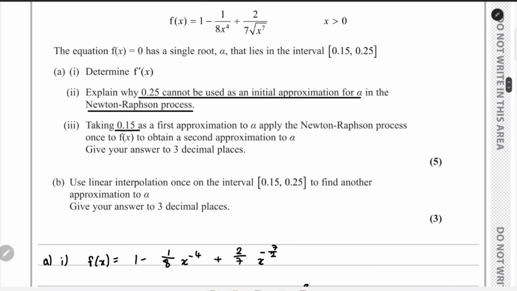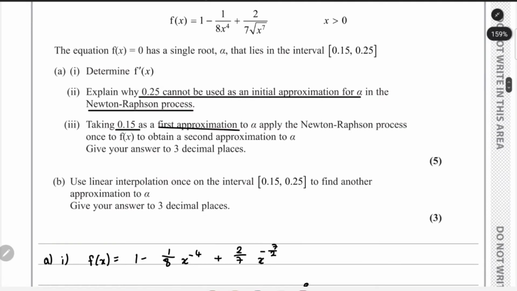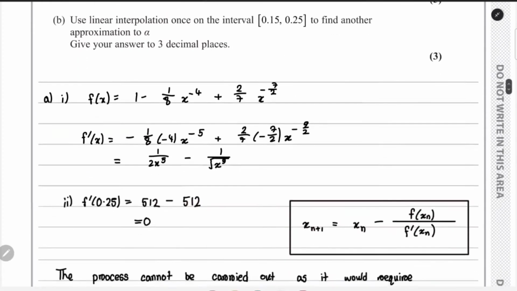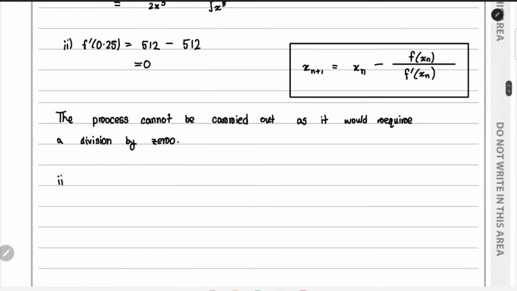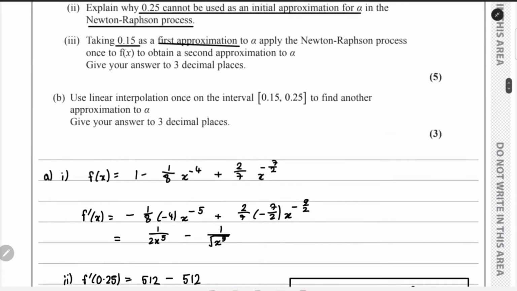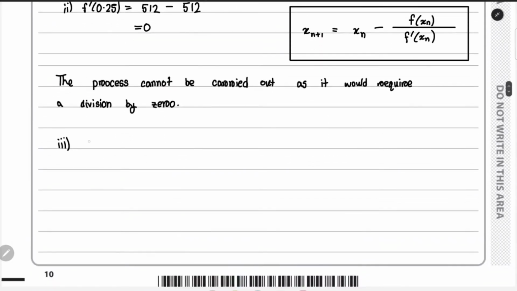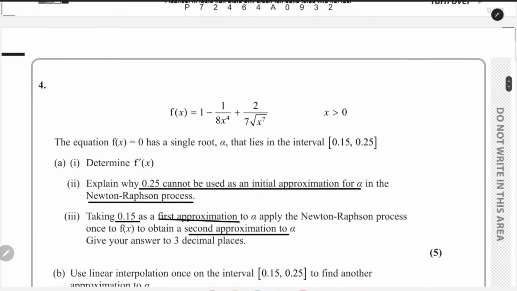Now we'll take 0.15 as our first approximation to apply the Newton-Raphson process, and I have to find the second approximation to alpha. So alpha, the second approximation, is the first value, which is 0.15 minus f of 0.15 divided by f prime of 0.15. If I calculate them, f of 0.15 is basically placing 0.15 over here.